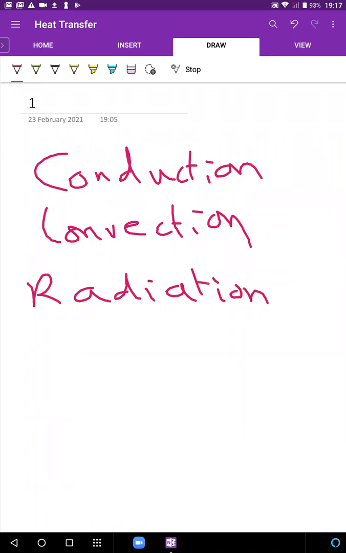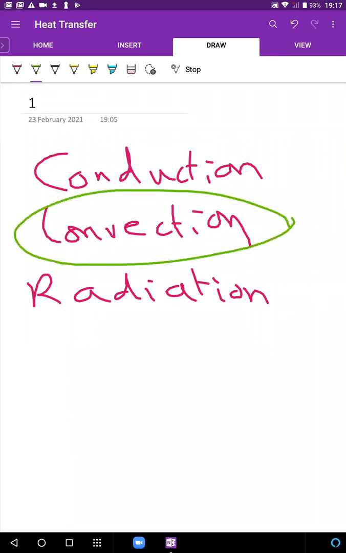Conduction, convection, radiation. You're supposed to know the names. In convection, you're going to have no formula because trust me, convection is not simple. So your JEE has no formula for convection. It's not gone into the depth of convection.